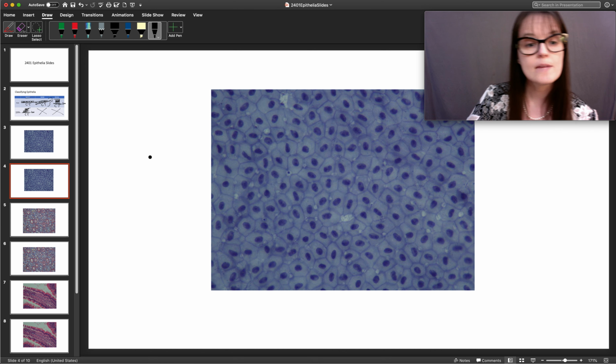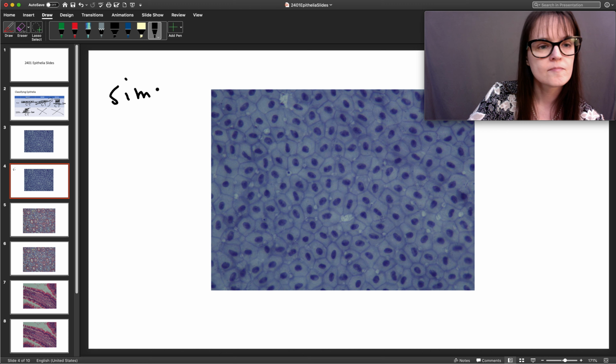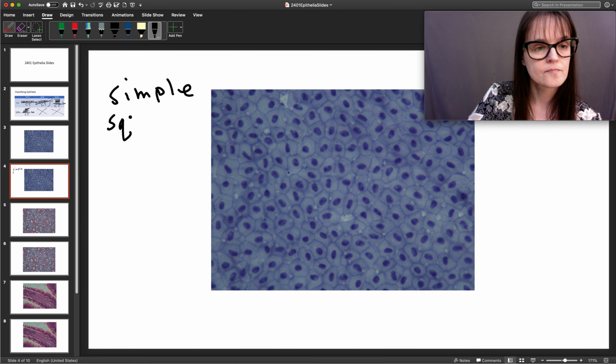The name of the tissue is simple squamous epithelium.